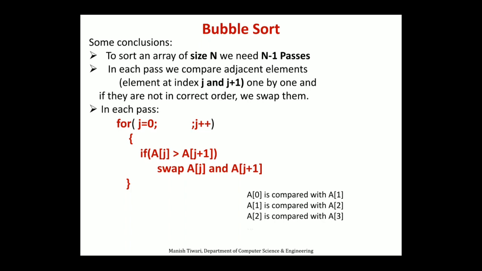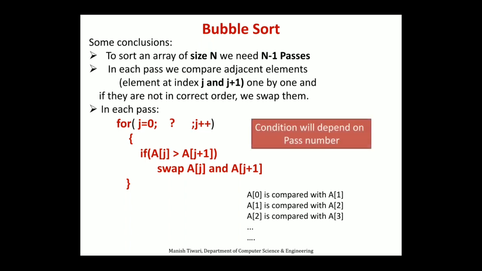But what is the question here? The question is what the terminating condition will be, like up to which value j will go. This will depend on the pass number. You see, in the first pass the last comparison was between a6 and a7, and in pass 2 the last comparison was between a5 and a6.